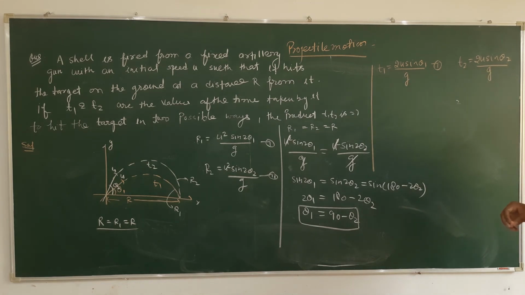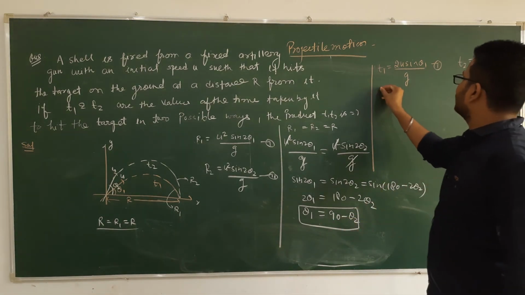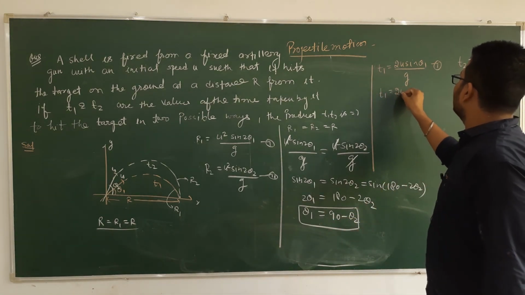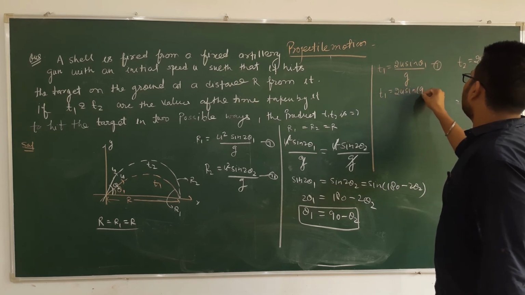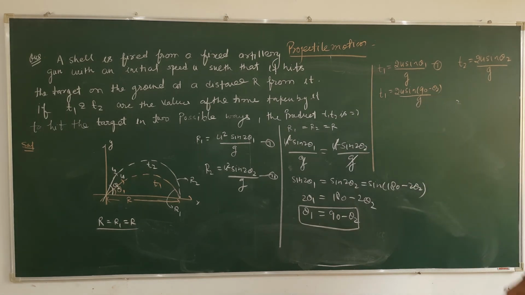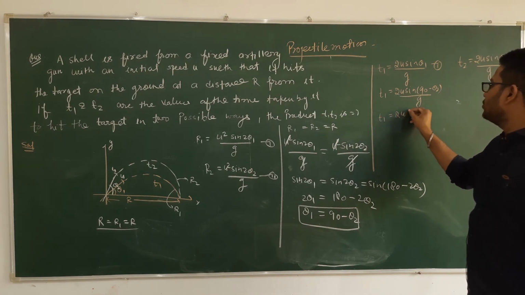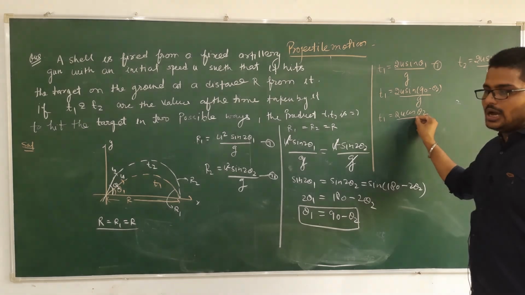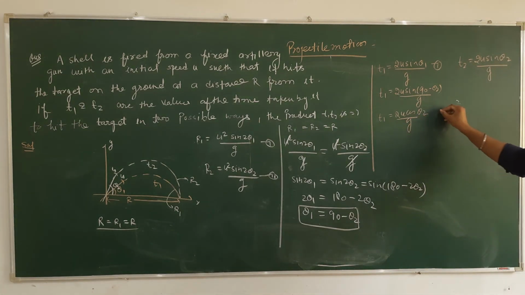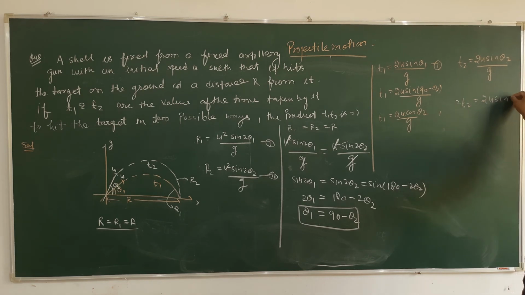Since theta 1 is equal to 90 minus theta 2, T1 is 2u sine of 90 minus theta 2 upon g. Sine 90 minus theta 2 is cos theta 2. So T1 is equal to 2u cos theta 2 upon g, and T2 is equal to 2u sine theta 2 upon g.